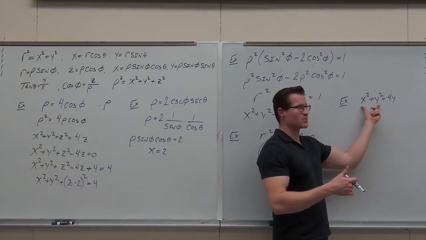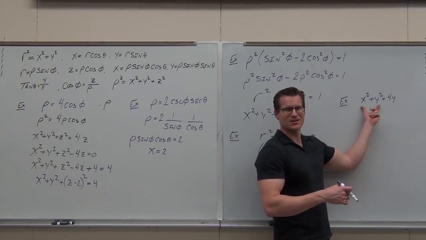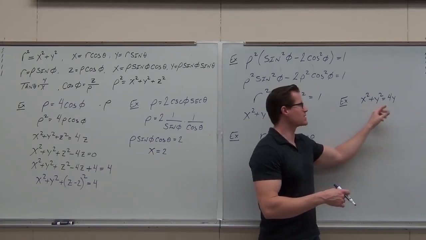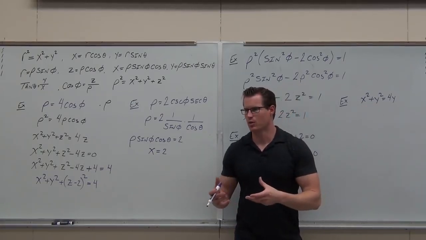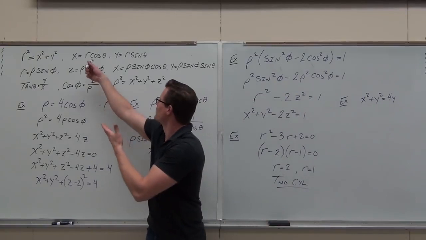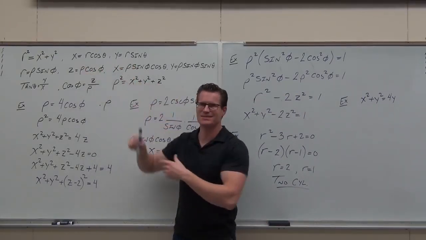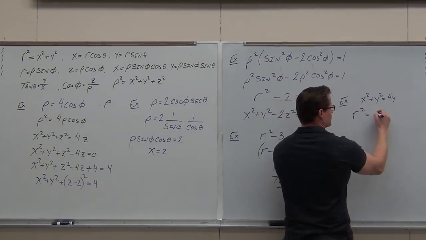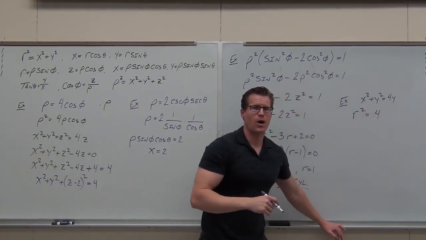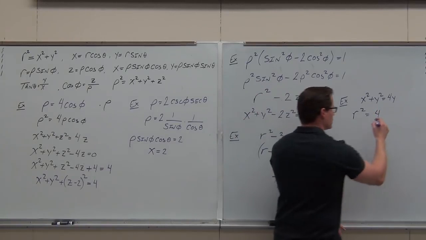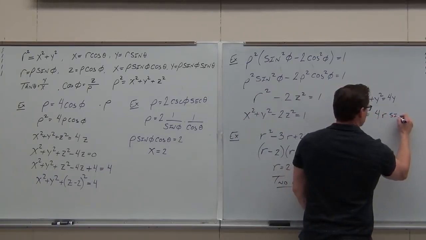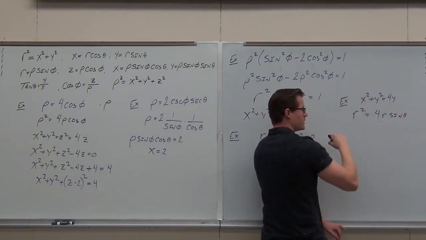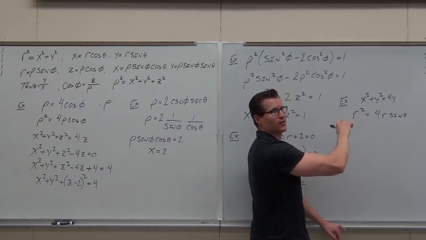Do you know how much x squared plus y squared is? Use that. If it's a minus, you've got a little more work to do. But if you've got something nice, then y is r sine theta.